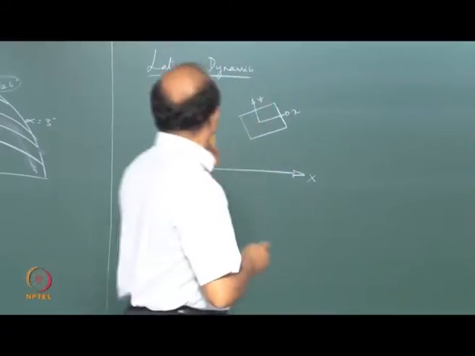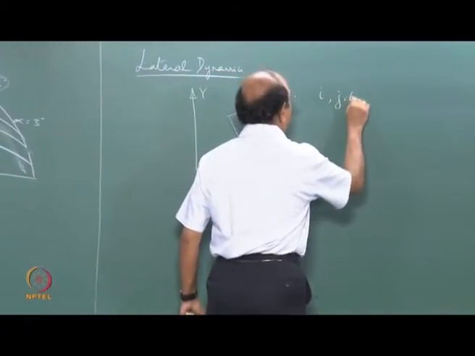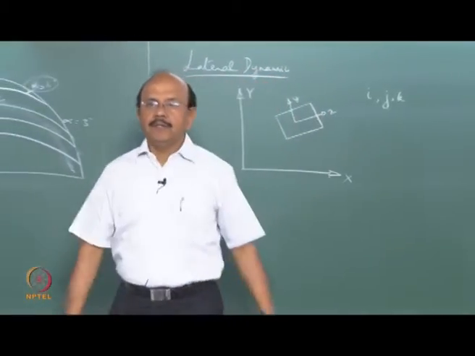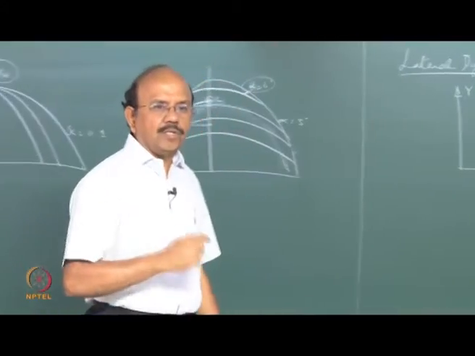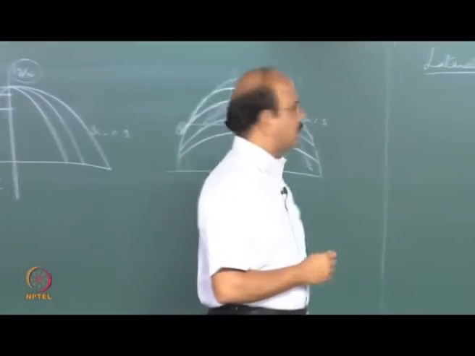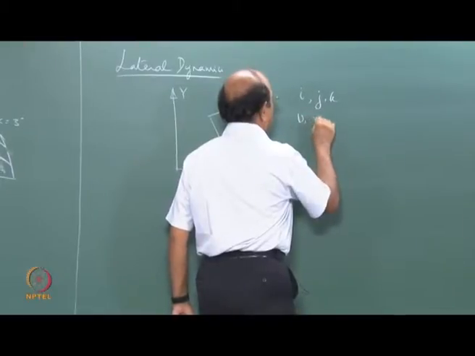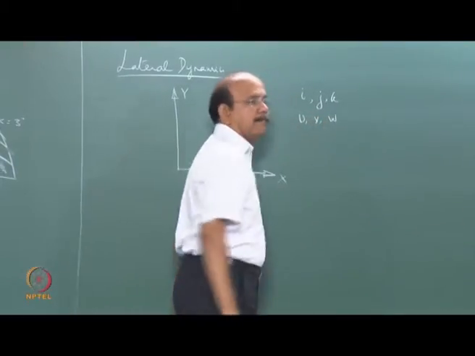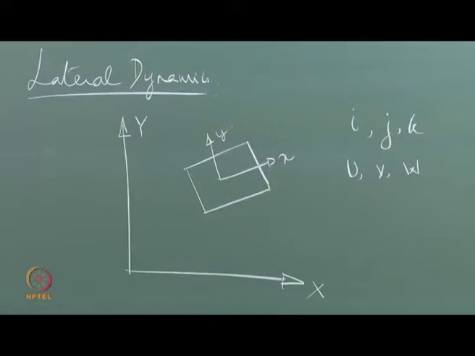Let us say that the usual i, j, k is what defines the unit vectors along x, y, and z, right? And let's say that the velocities of the vehicle in the three directions are u, v, and w. These are the three velocities of the vehicle in the three directions, right?